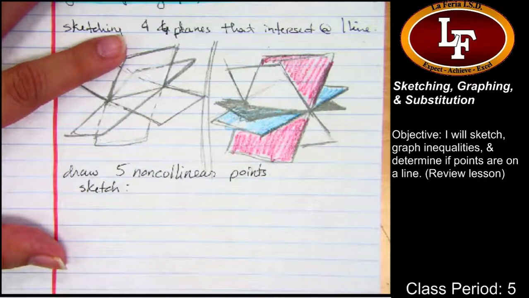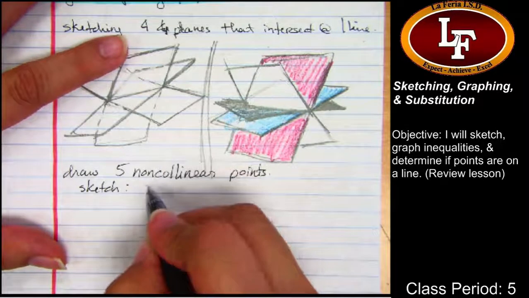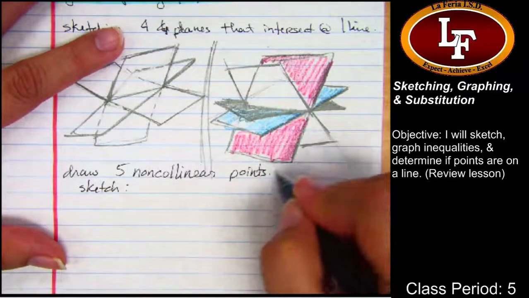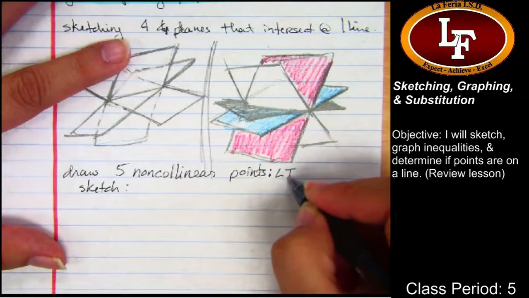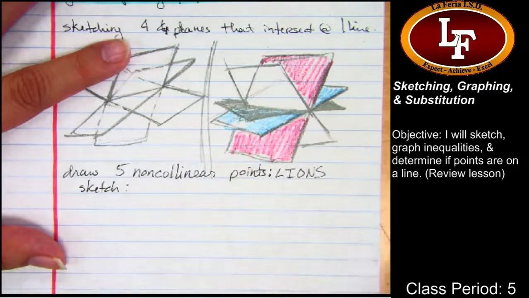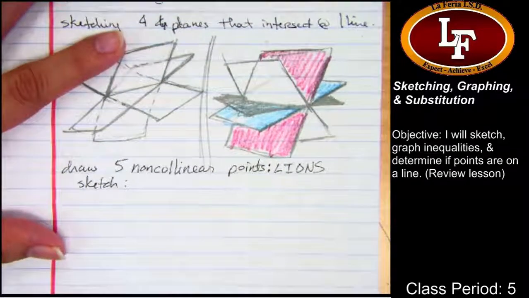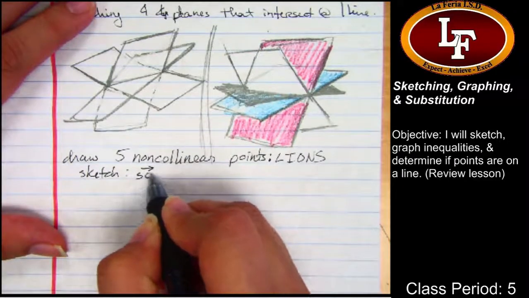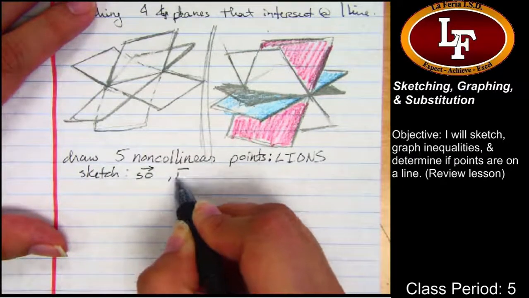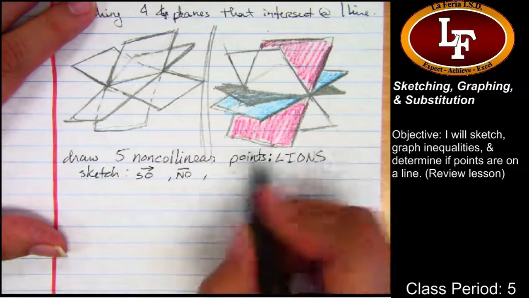It's a very Picasso paddle. It wants you to sketch 5 non-collinear points. Look, 5 points. And then it wants you to sketch things like all these weird, funny symbols.